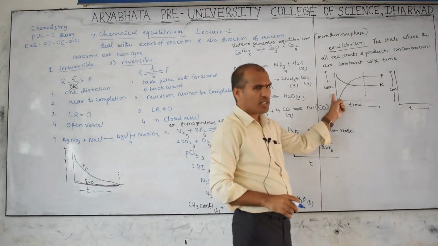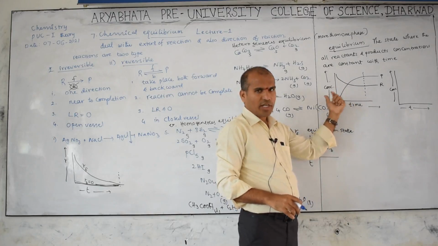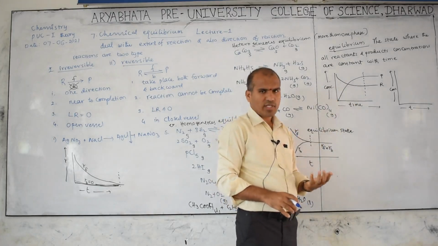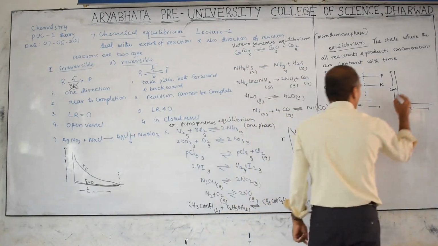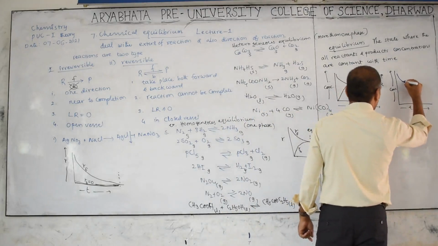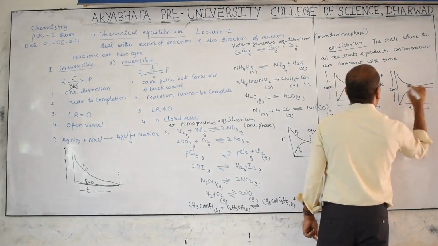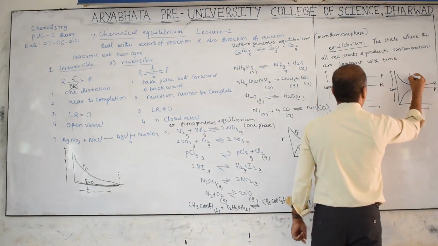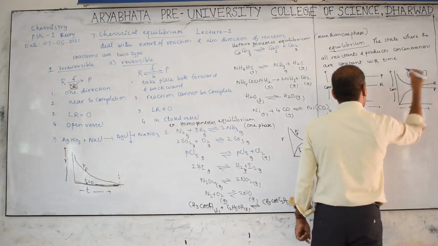Here the reaction goes in the forward direction, meaning more reactants are present, that's why reactant converts into product. Now in this case this is reactant and this is product, this is R, this is P. Reactant concentration is greater than product concentration.